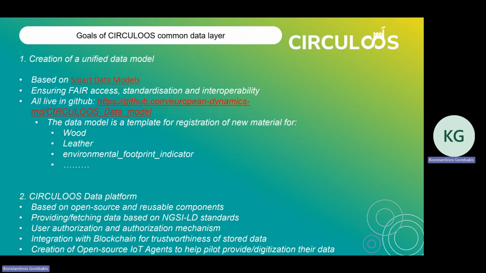As of now, we have three data models: for wood, leather, and environmental footprint indicator. These data models are quite easy to extend, and we have tutorials there on GitHub for you to extend them.